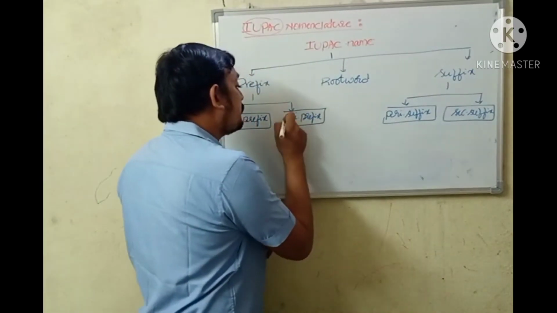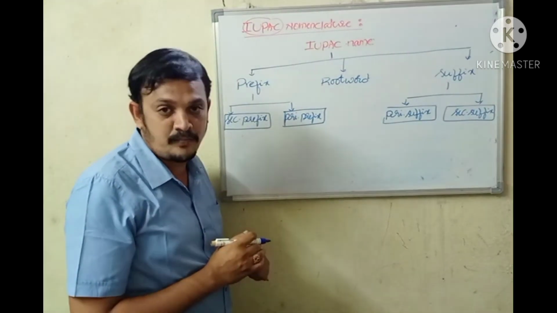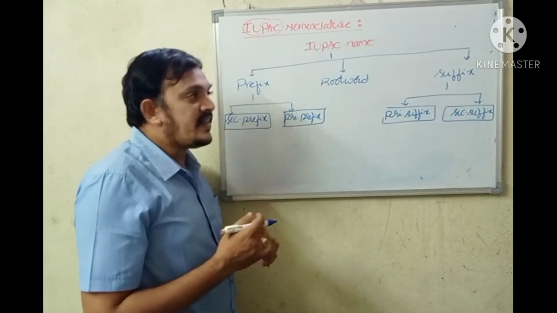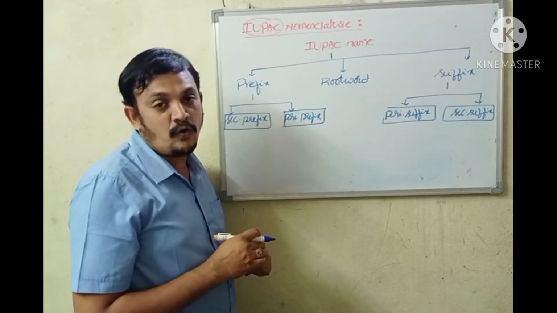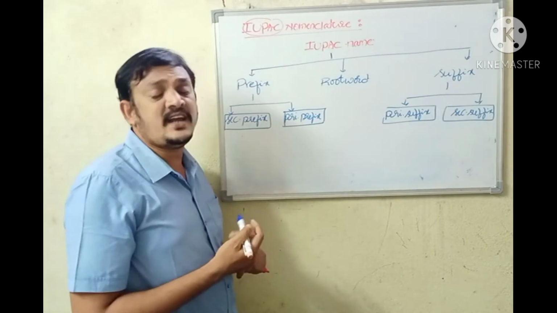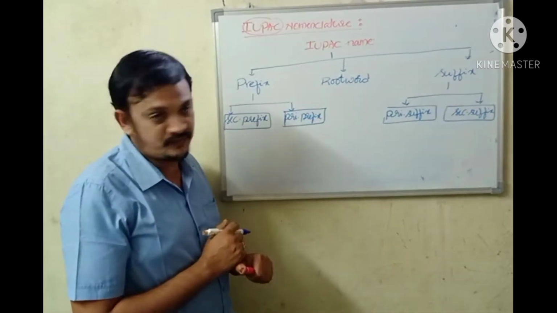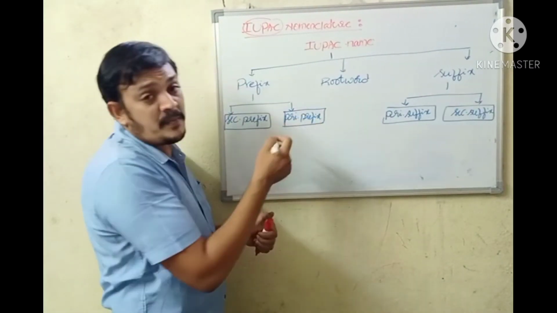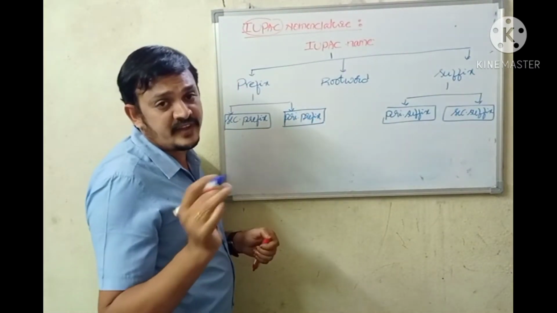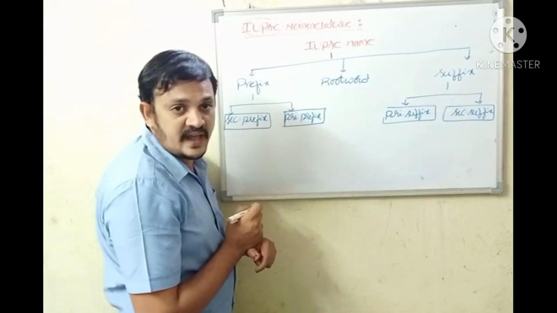Primary prefix distinguishes between aliphatic compounds and cyclic compounds. We all know aliphatic compounds are compounds containing open, straight chain or branched chain of carbon atoms, whereas cyclic compounds are those containing closed ring of carbon atoms. So the primary prefix will be cyclo for cyclic compounds. For an aliphatic compound, no primary prefix will be there.